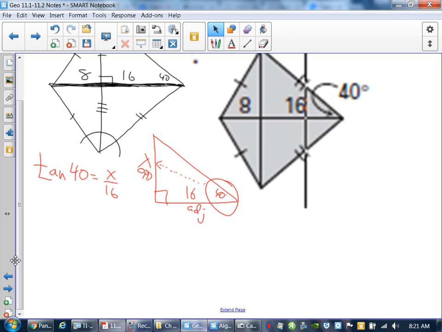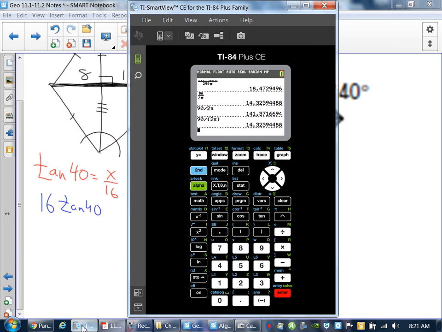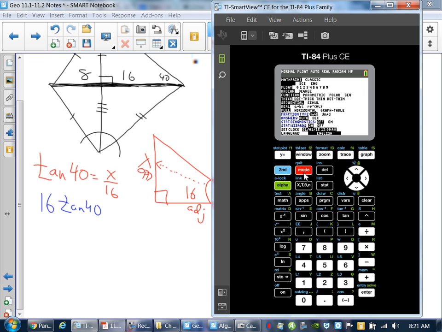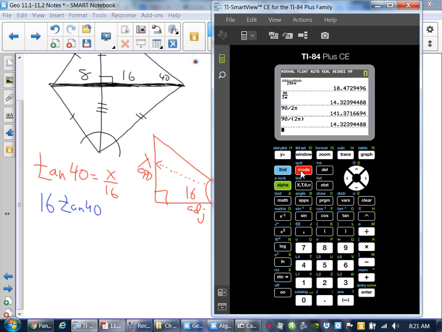So here we have our variable in the numerator. So all I have to do then is just multiply out by the denominator, 16. Make sure that your calculator is in degree mode, which it should be, but just in case you've accidentally dropped it or something along those lines, just type it in.